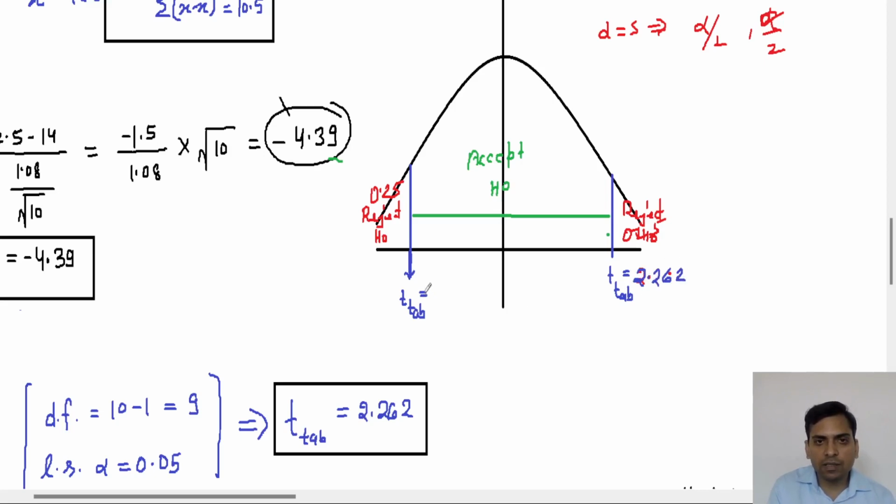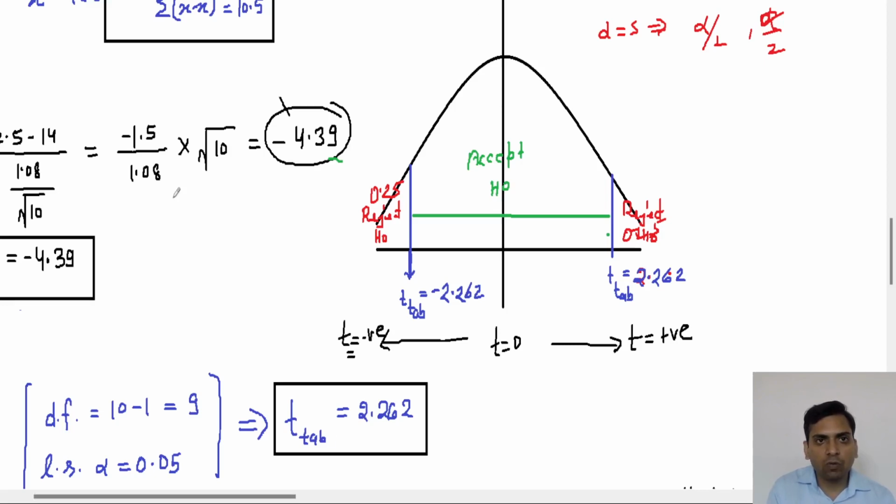If we consider this in negative direction, this is minus 2.262. At this center location, t equals 0, and in this direction t is positive, and in this direction t is negative.